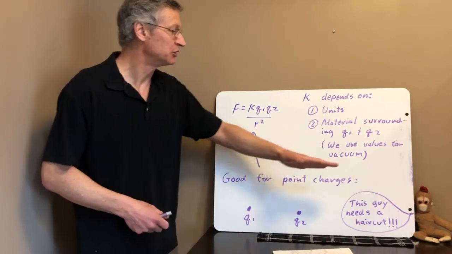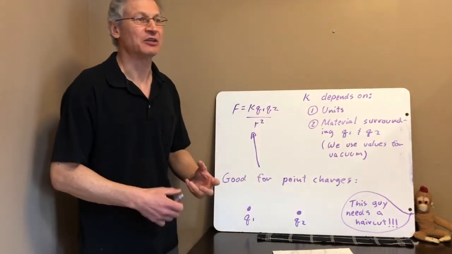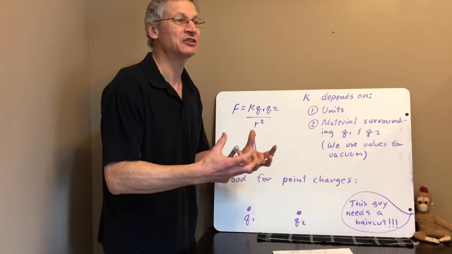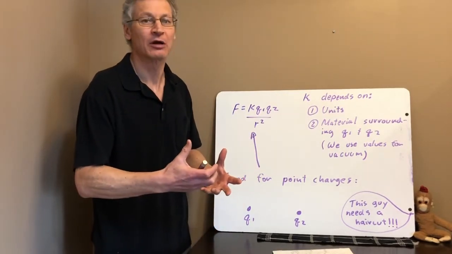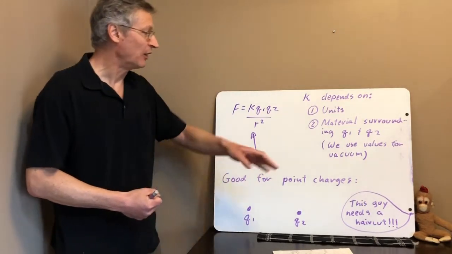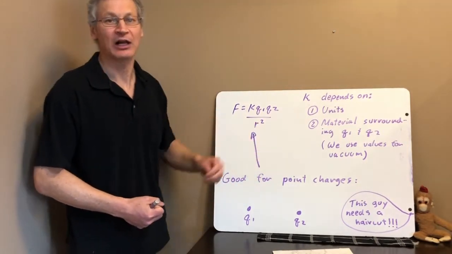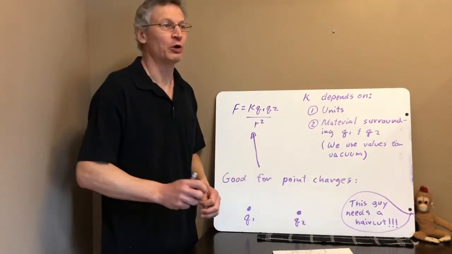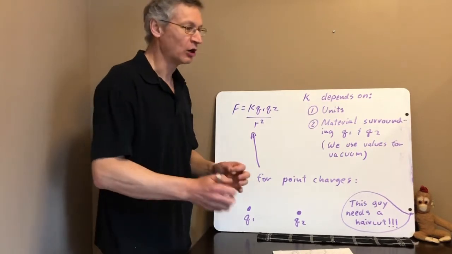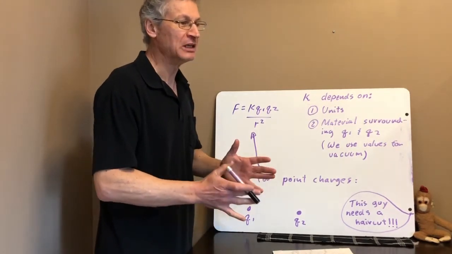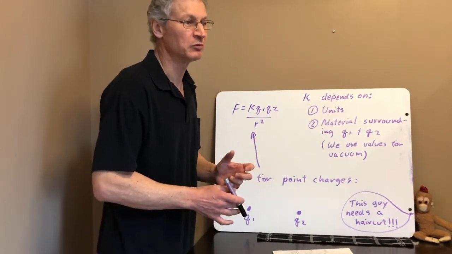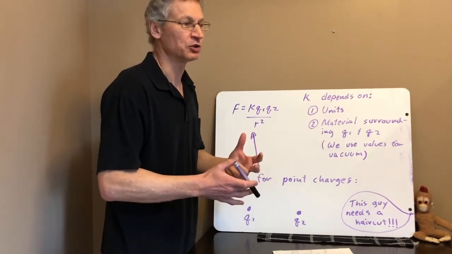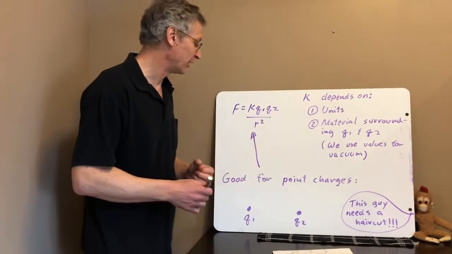But if your charges are in something like glass or plastic or rubber or copper, then you have to use quite a different value of K. We're not going to worry about that. As far as we're concerned, our charges are always going to be in a vacuum or something that behaves just like a vacuum as far as charges are concerned, like air.